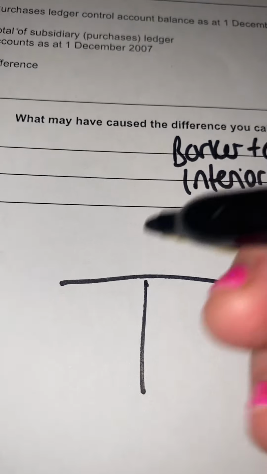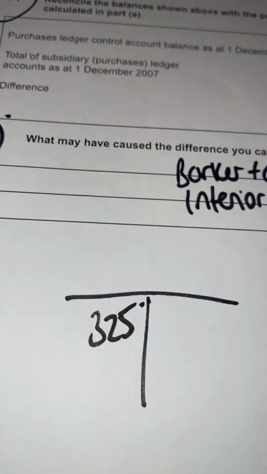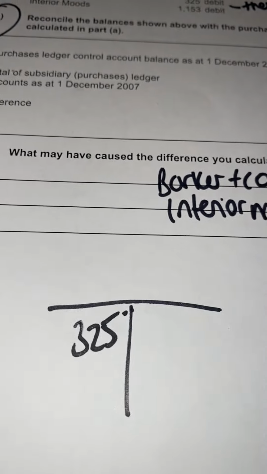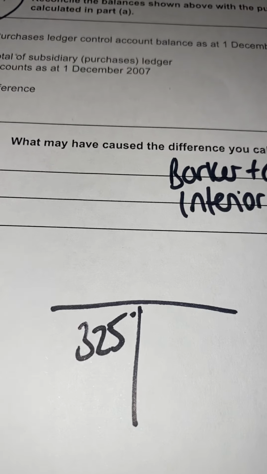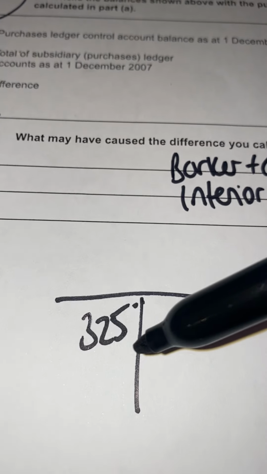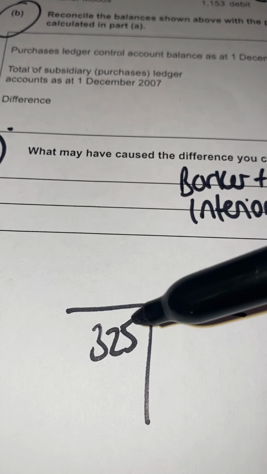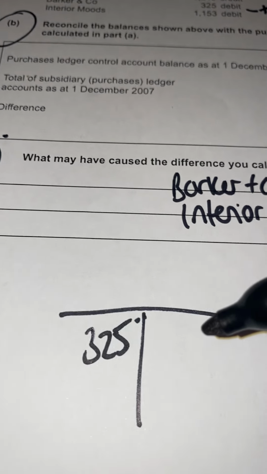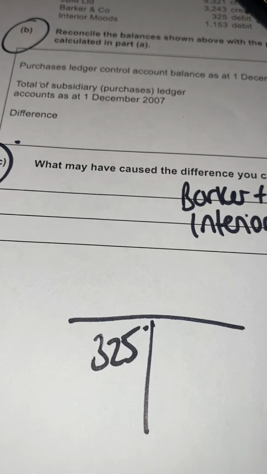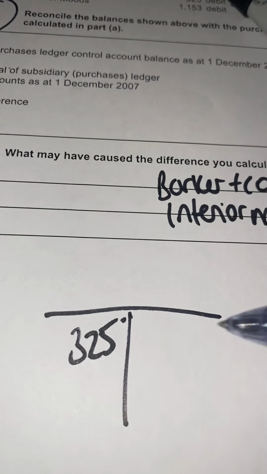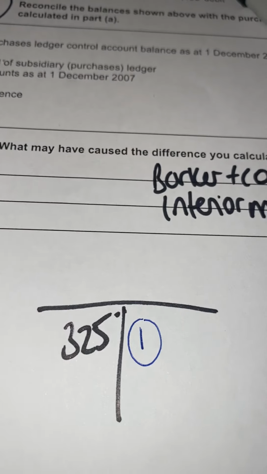So if I was to draw a little T account here, and I've got my 325 on the debit side, just as an example. So if I've got 325 on the debit side, but I think it should be on the credit side, if I was to just do this, I'll do it in a different colour. So this is my first thing that I'm doing.